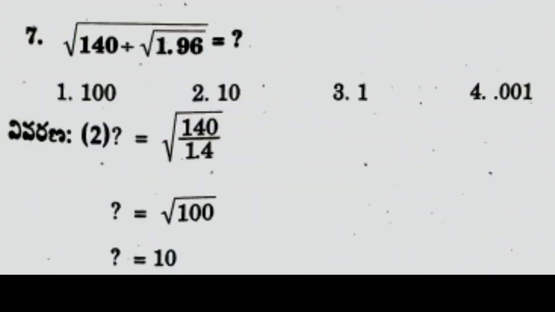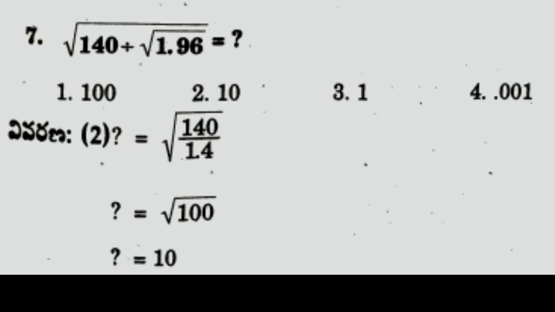Seventh one, under root of 140 divided by under root of 1.96. The options are 1) 10, 2) 10, 3) 1, 4) 0.001. Solution: the question mark we assume as x, or sometimes question mark, that is your wish. So question mark is equal to under root of 140 by under root of 1.96.